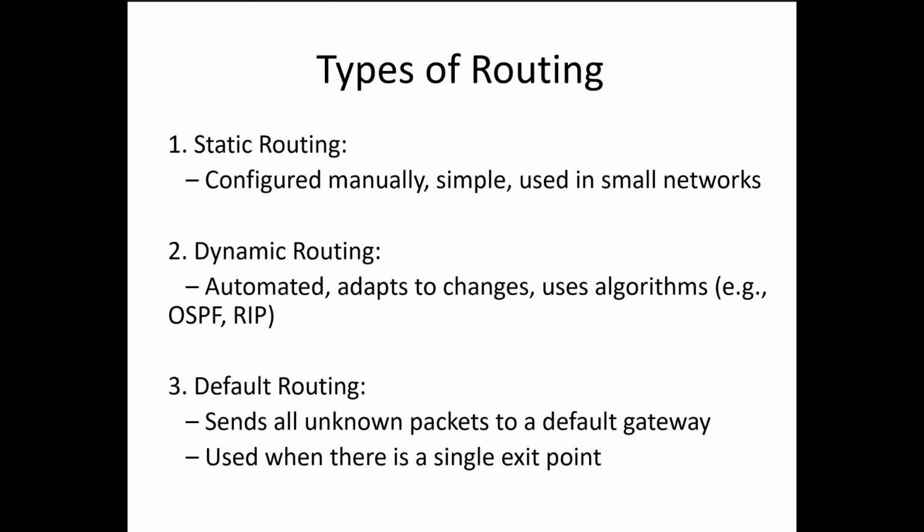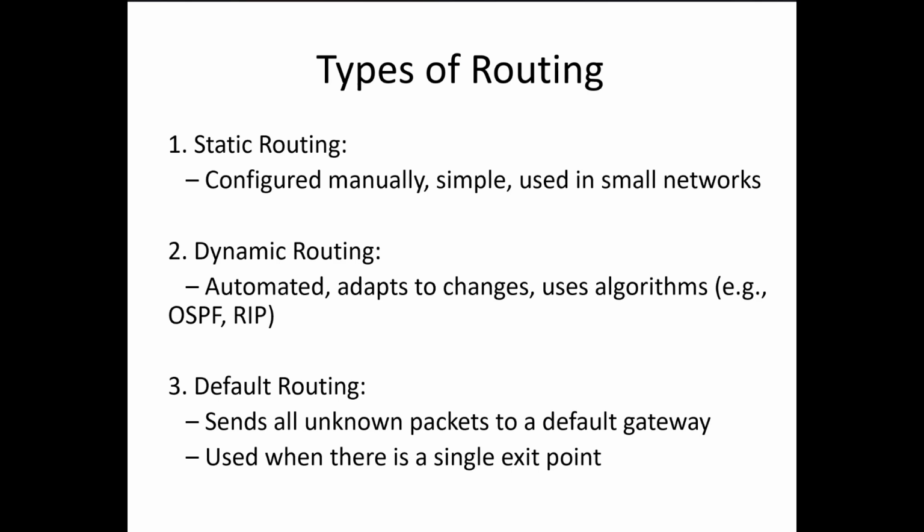At last, there is default routing. In default routing, it is used when there is a single exit point, and it sends all the unknown packets to a default gateway. There is always one default gateway, one default gate. Let's understand this better with the help of an example.